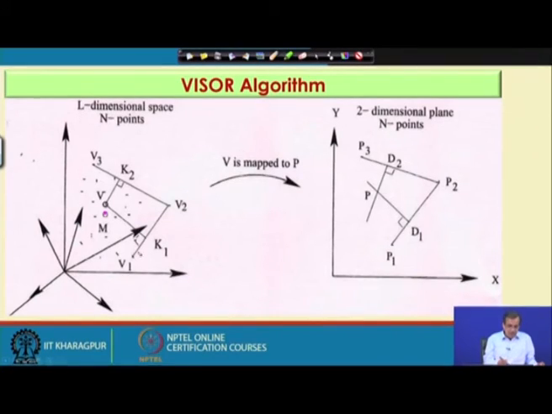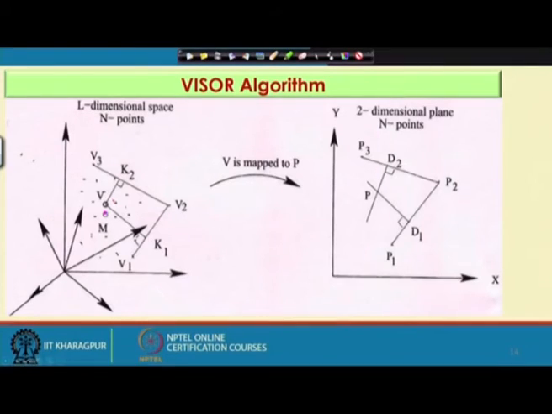To locate the pivot point V 1, starting from the centroid, we try to find out the Euclidean distance of all capital N data points. So, there will be capital N number of numerical values for the Euclidean distance.